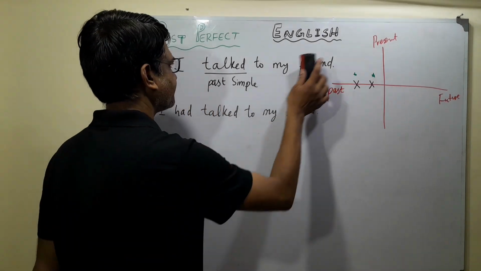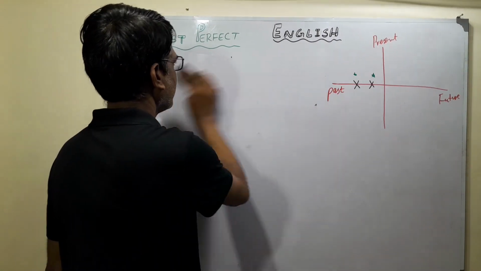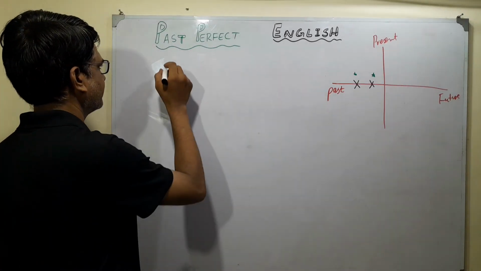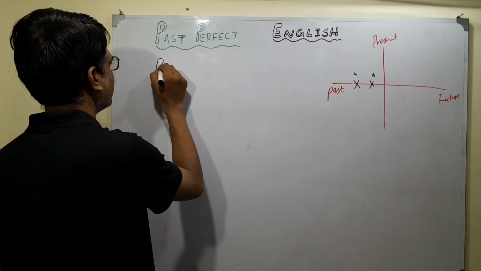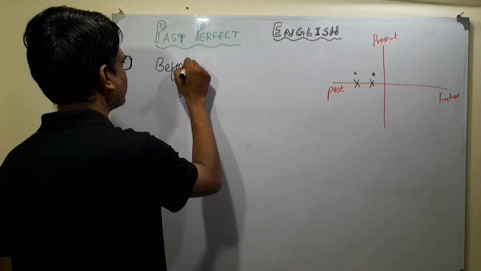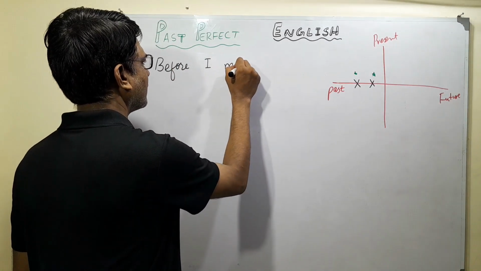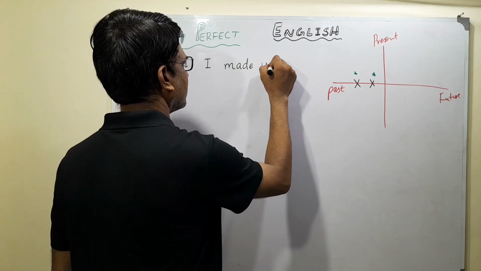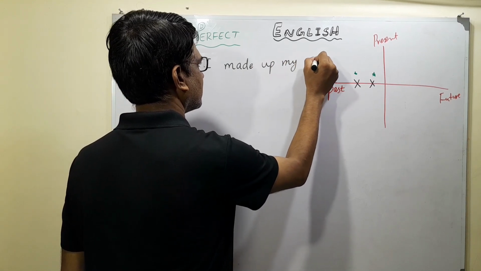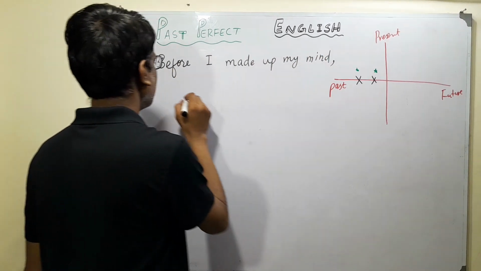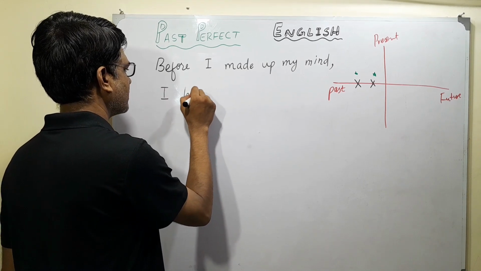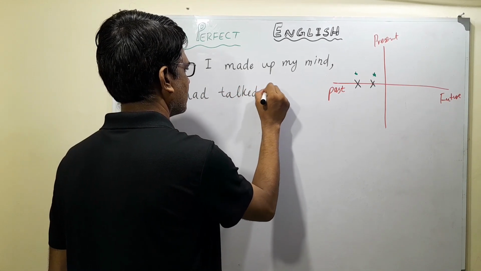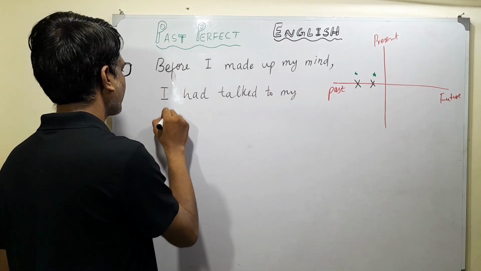This sentence will be correct if I write it like this. For example, I might say, before I made up my mind, I had talked to my friend.